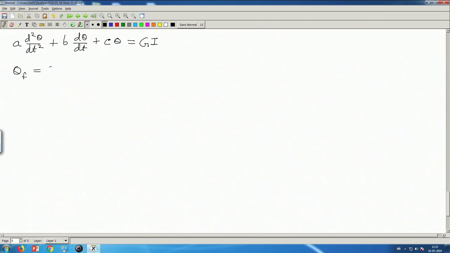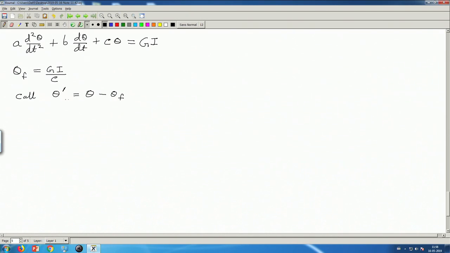So, we will have GI by C as the value of θf, the final value of θ. Now, I will subtract this θf from θ. Let me call the new variable θ prime, which is equal to θ minus θf.